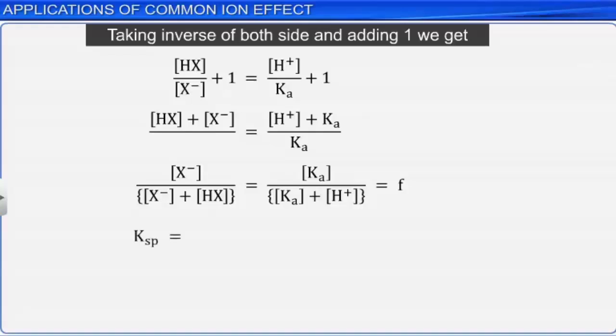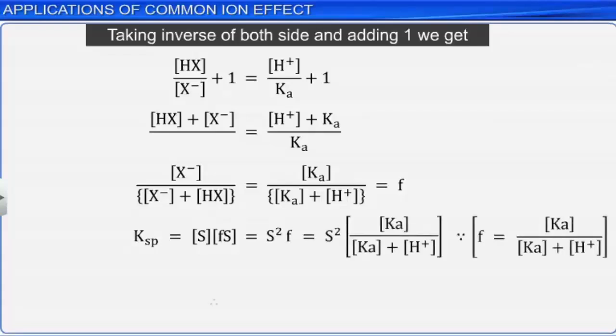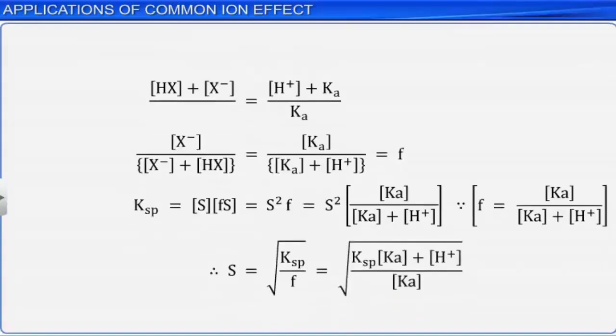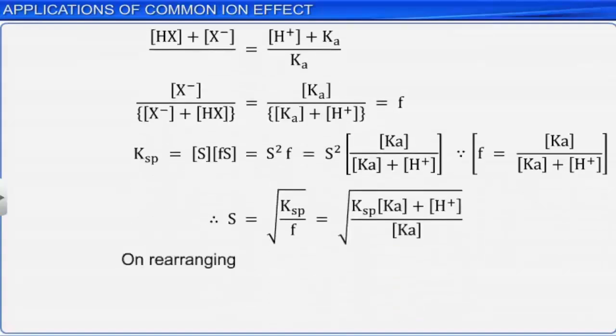That is, equal to the product of S² and F. Therefore, solubility is equal to the square root of Ksp divided by F. On rearranging the equation, we get solubility S is equal to the product of Ksp and ([H⁺] + Ka) divided by Ka, whole to the power half. So we can conclude that solubility increases with a decrease in pH or an increase in H⁺ ion concentration.